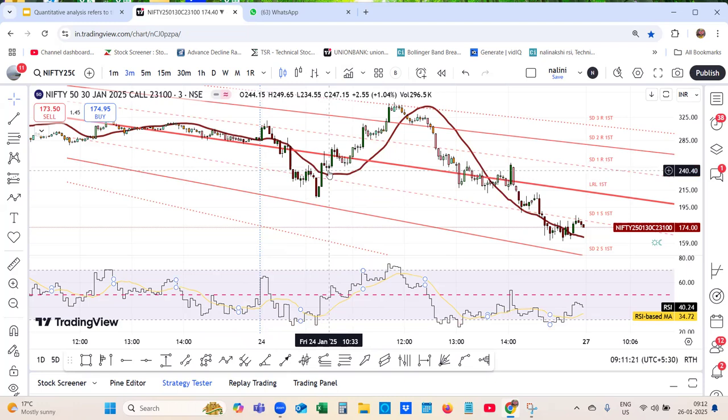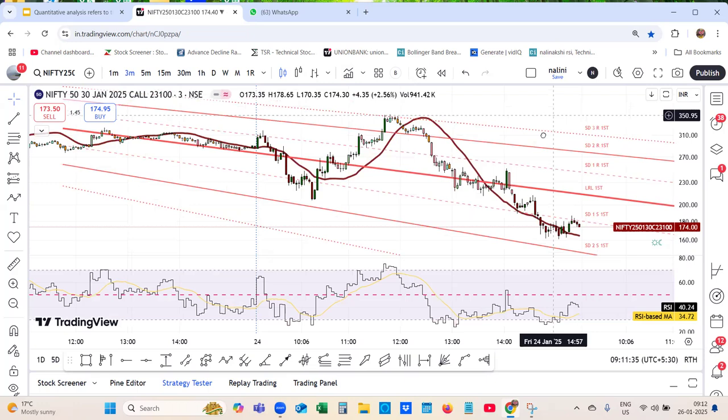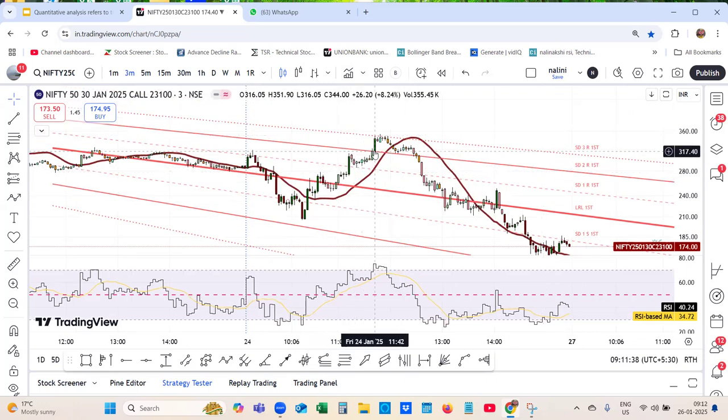For example, if you would have entered around 247, you could have run this position till 300. You could have captured almost 60 points.